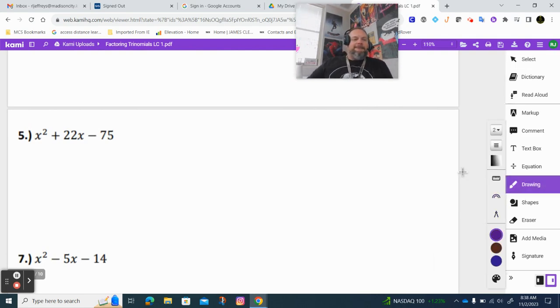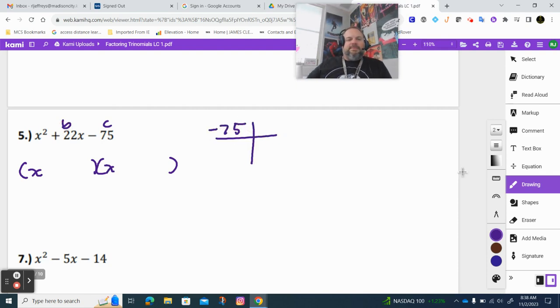All right. Number 5, we're going to start with the parentheses. X, X. This is my C, this is my B. So negative 75 and positive 22. This means our signs are different. Our big number is going to be positive. Now, when we see 75, one of our first things we think of is what? Divide by 5, right? Because it ends in 5.